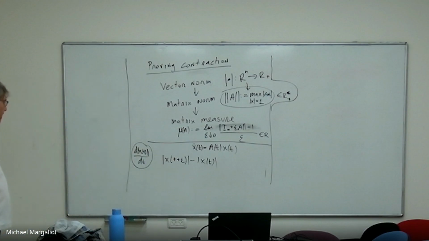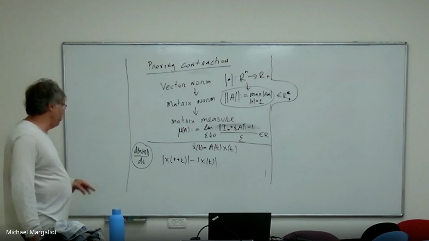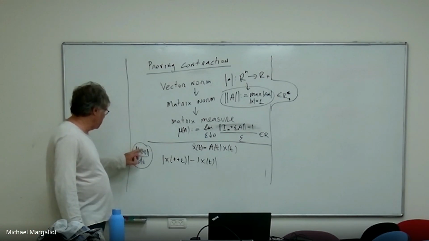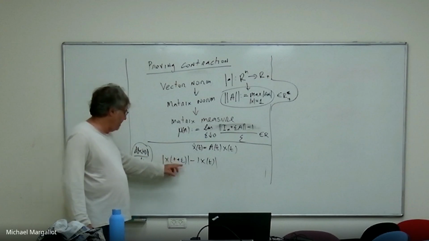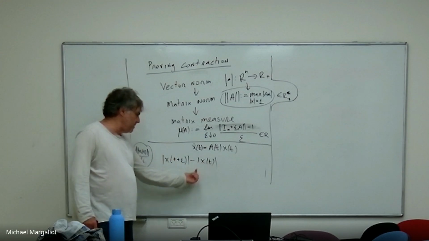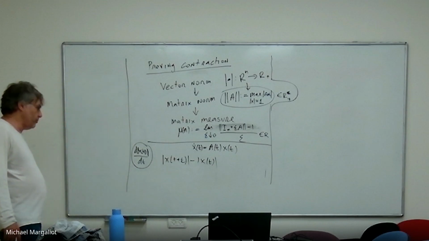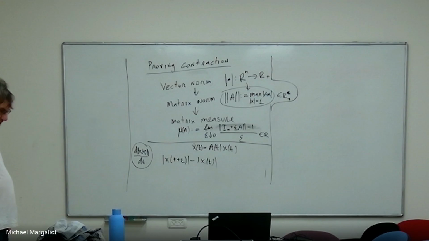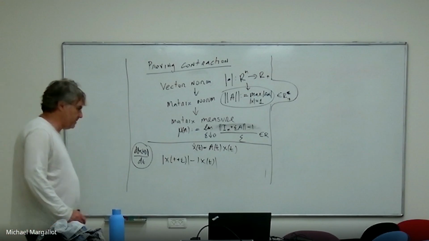Of course, there is a problem here that it is not always differentiable, but let's ignore these technical details for the moment. And of course, if I want to calculate this, I need to look at this minus this, then divide by epsilon and take epsilon to 0. So let's look at this difference. What can I say about this difference?